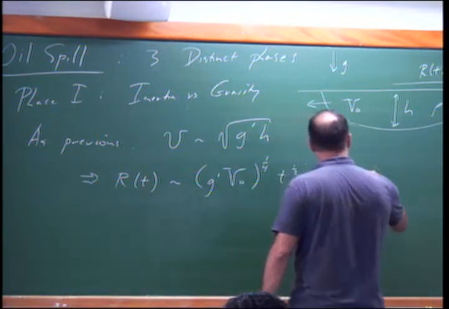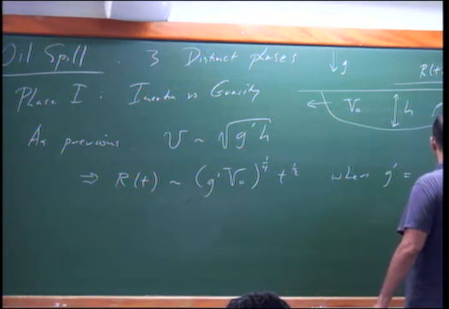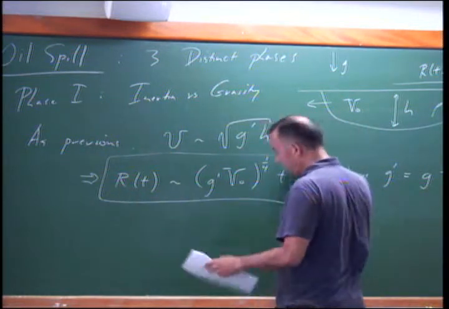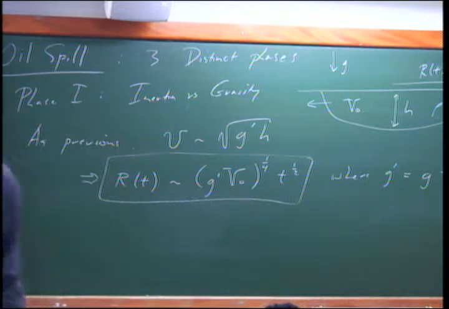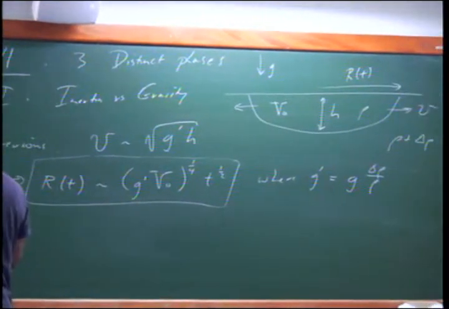Where g' is the reduced gravity, so it's g delta rho over rho. Okay? So that's the first phase. The second phase, viscosity kicks in.